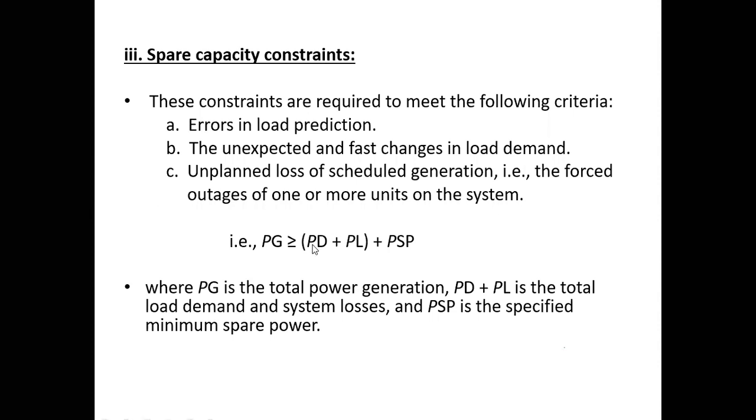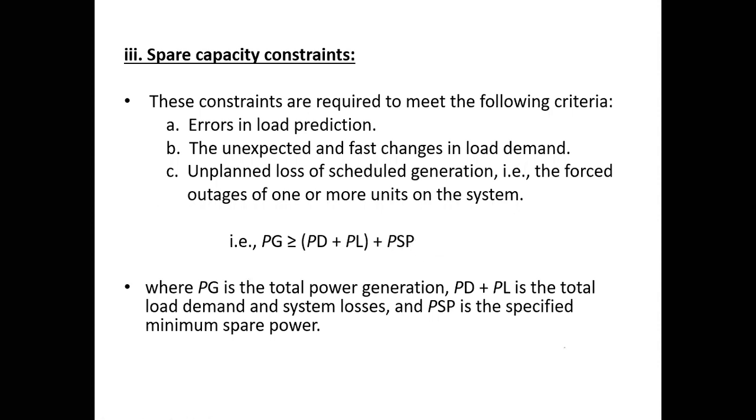For example, when you are considering the inequality constraint, PG should be greater than PD plus PL plus PSP. Here PG is nothing but generating capacity, PD is related to the demand, PL is related to the loss, and PSP is nothing but spare power.